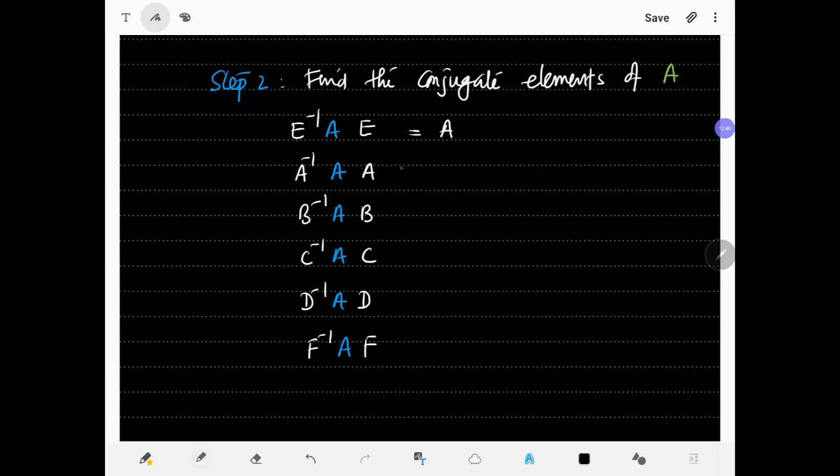Inverse of identity is identity itself. So it comes out to be A. Second case, it is A inverse A. A inverse A is identity. Then identity multiplied by A is A itself. So it comes out to be E into A, which is equal to A.